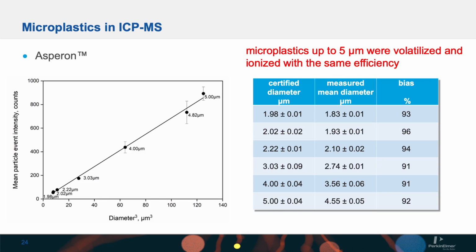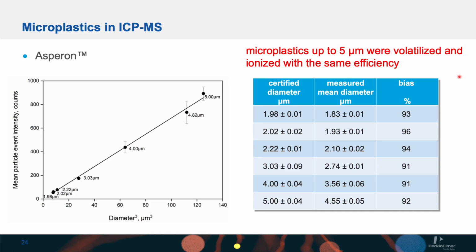We have seen that large microparticles over 3 micrometers were not nebulized with the same efficiency as the smaller ones. In spite of this limitation, we can see here a linear behavior when we plot the particle intensity with respect to the cube of the particle diameter. The bias of the measured diameters with respect to the certified ones was below 10% in all cases.